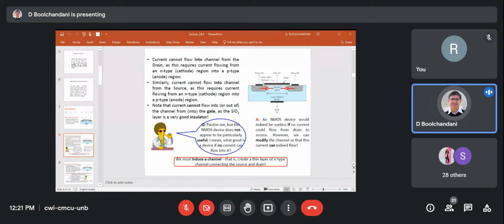So current cannot flow into the channel from the drain, as this requires current flowing from the N-type region into P-type region. Similarly, current cannot flow into the channel from source, as this requires current flowing from the N-type region into P-type region. And further, current cannot flow into or out of the channel from the gate, as the SiO2 layer is a very good insulator.